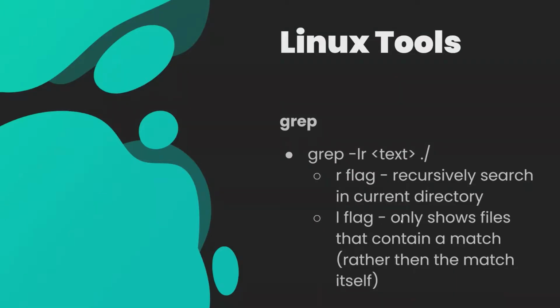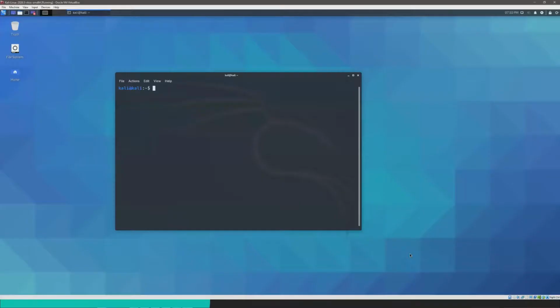The L flag only shows files that contain a match. By default, grep would show you the lines that were matched in terms of text, but if you're only looking for the files that contain a match, you can include the L flag, because sometimes that's what you're looking for.